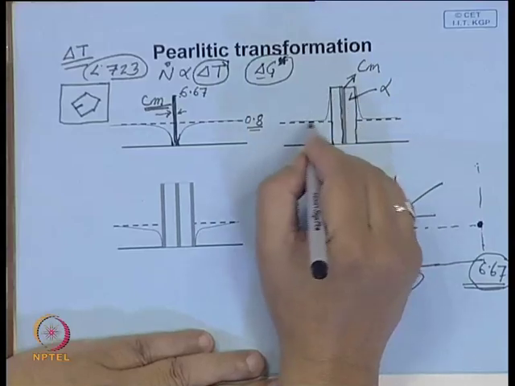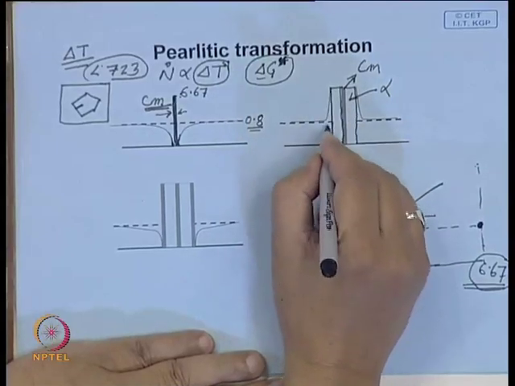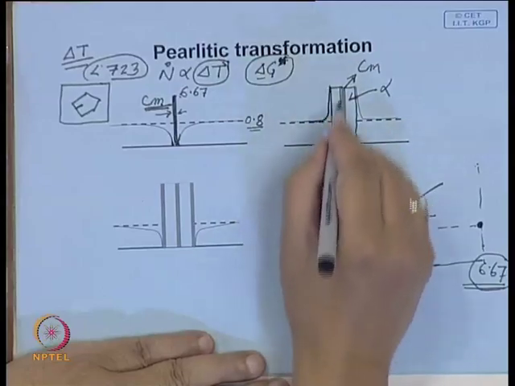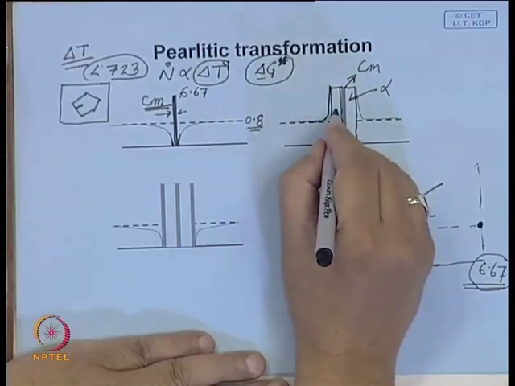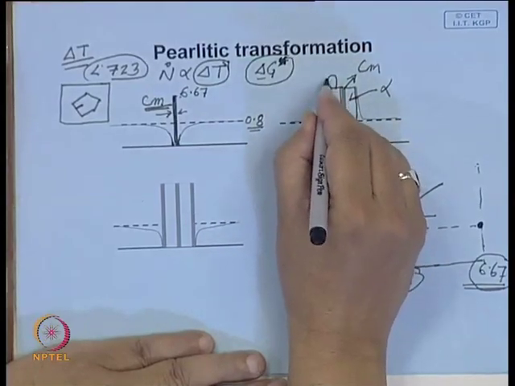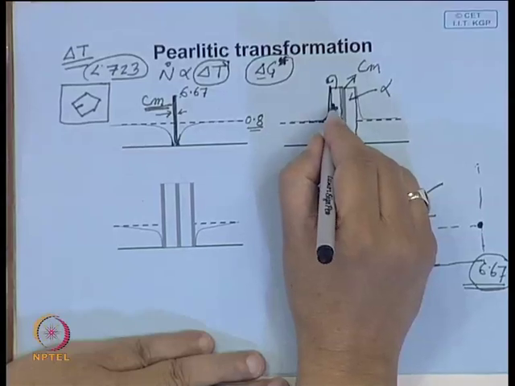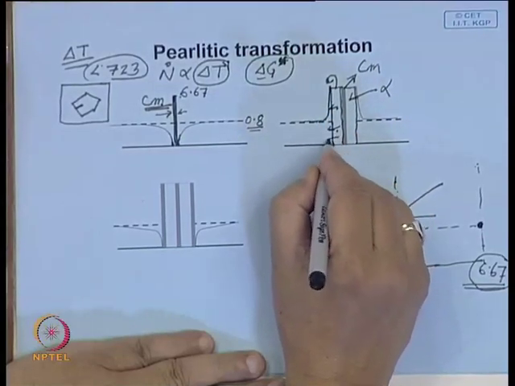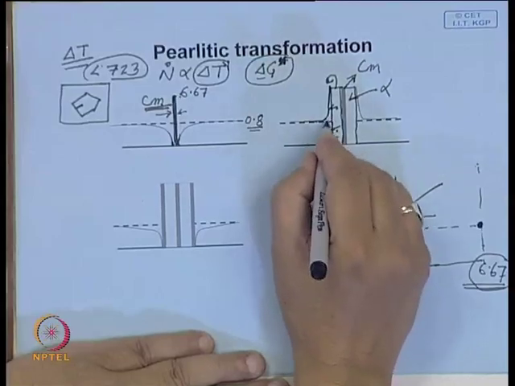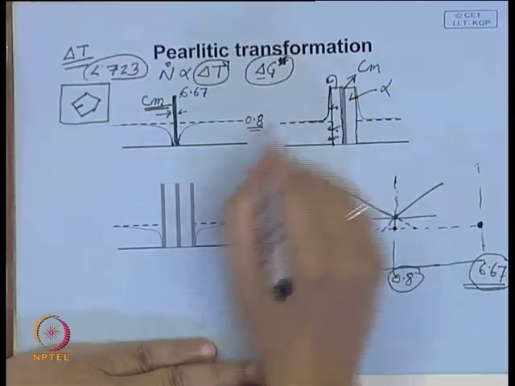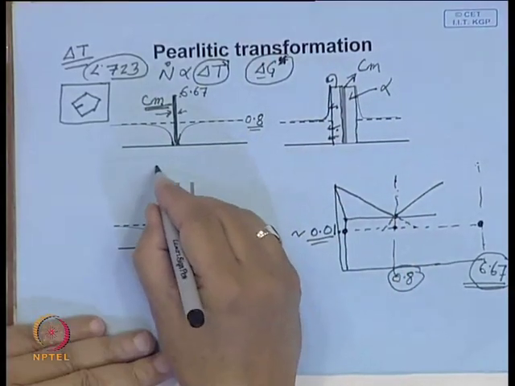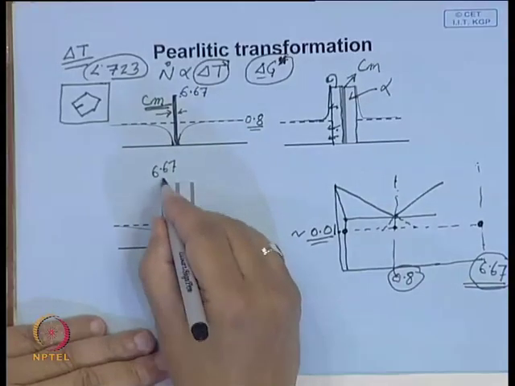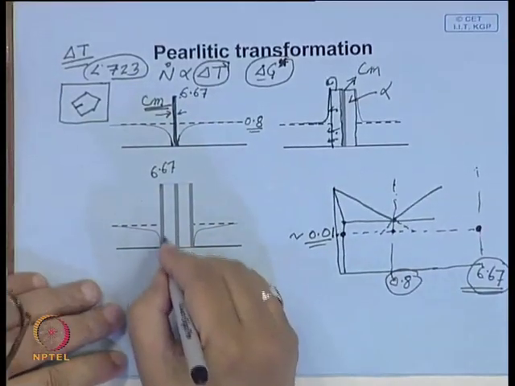So, if it rejects the carbon, again at the boundary the carbon content starts building up, and this process continues. So this is rejecting carbon, all the carbon from ferrite comes to this region, and as this carbon concentration increases to 6.67, again a plate of cementite nucleates.